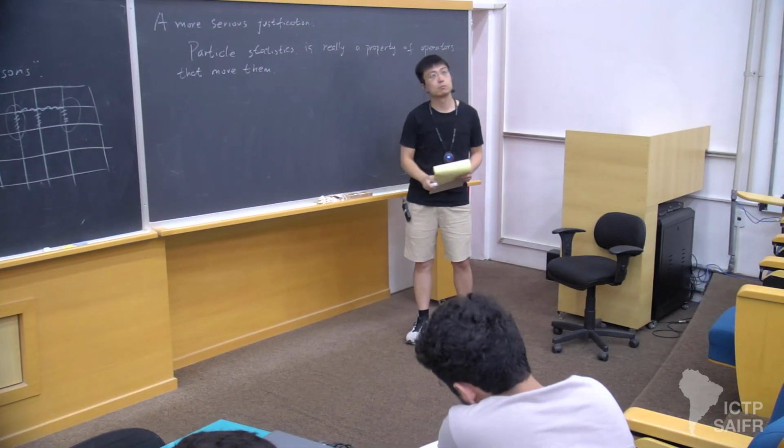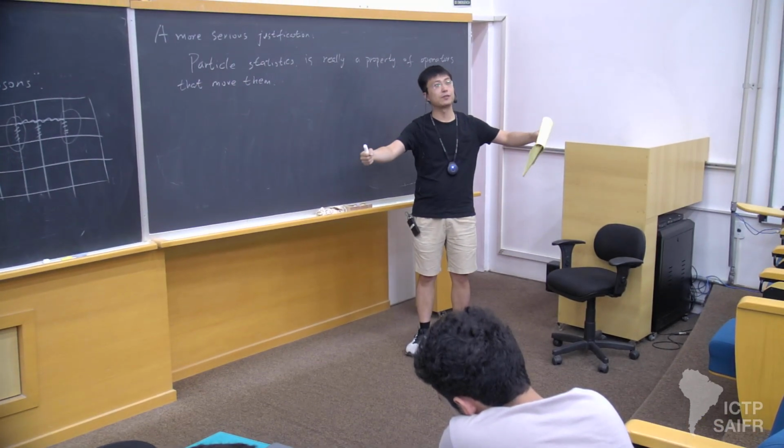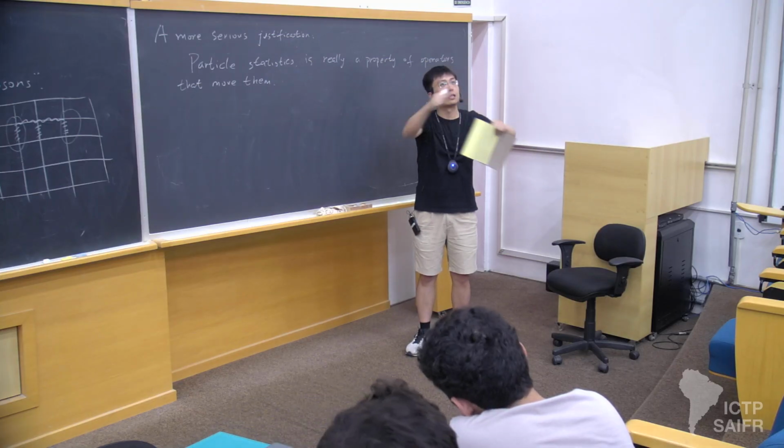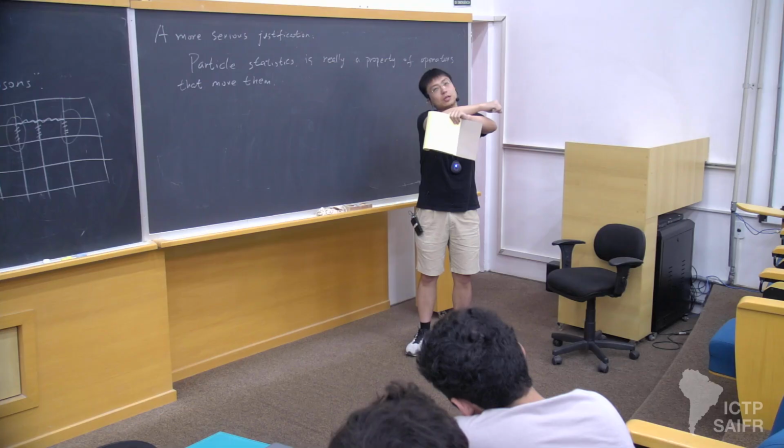Because what I mean by having a phase is that you're thinking about a process where you exchange two particles, and by the end of that exchange process, you get a minus sign.